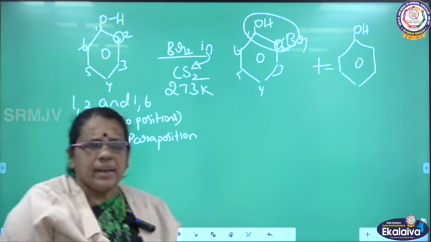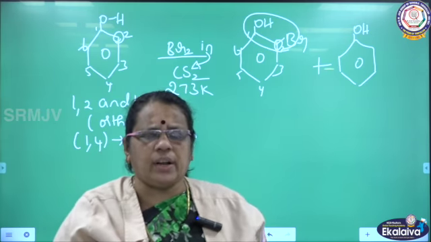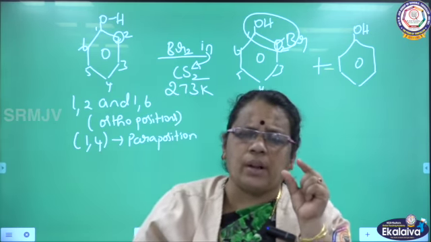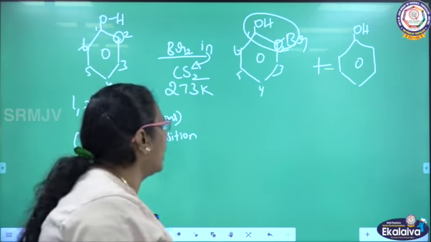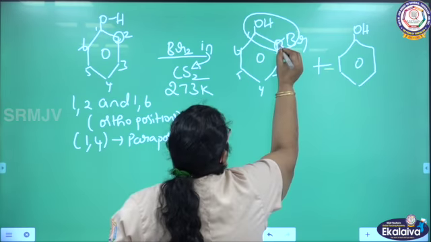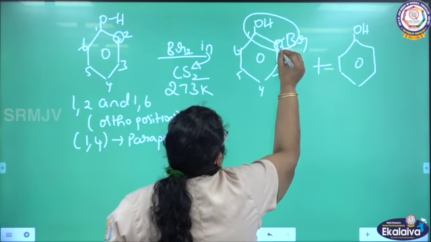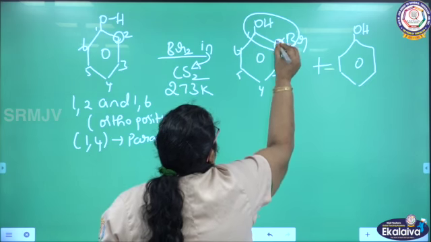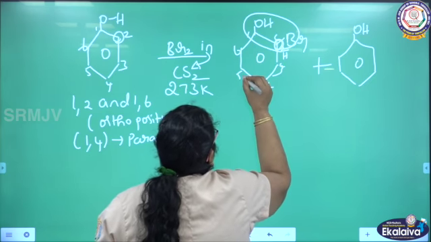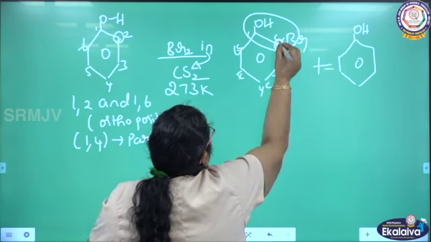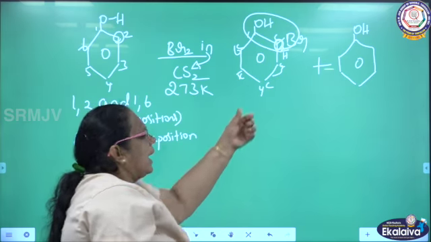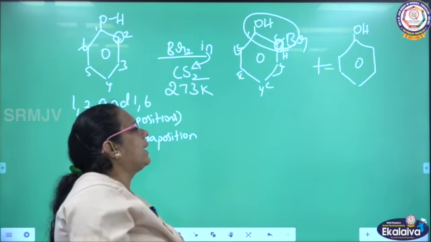What I have done in the ortho position: I am removing one hydrogen from here. Each carbon will have a hydrogen, is it not? So this ortho position carbon has a hydrogen, and I am removing that hydrogen.